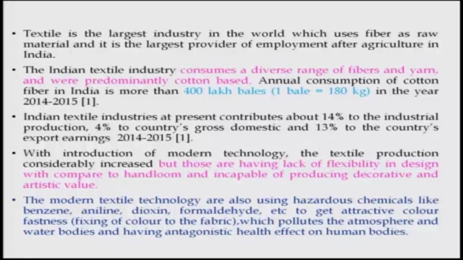As I told earlier, textile is the largest industry in the world which uses fiber as a raw material, and particularly in this country it is the largest provider of employment after agriculture. Agriculture and cotton textile making, and also silk, jute, or other fibers like wool and woolen stuff, go well with agriculture.